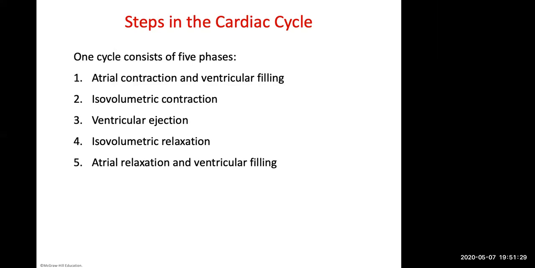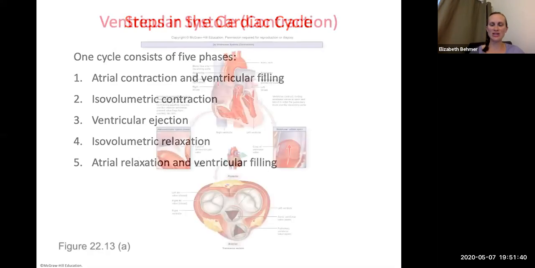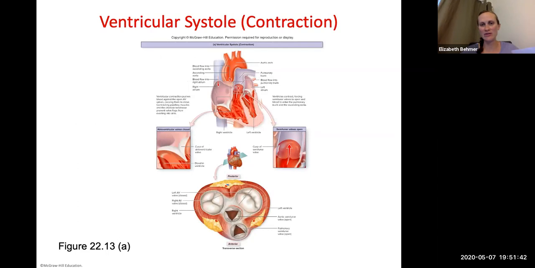There are 5 steps to the cardiac cycle, and I'm just going to briefly go through them. I don't test you on this because you'll be tested on this in physiology, and you go through the 5 steps specifically there. But this is showing ventricular systole, when the ventricles will contract and blood will be ejected through the semilunar valves.